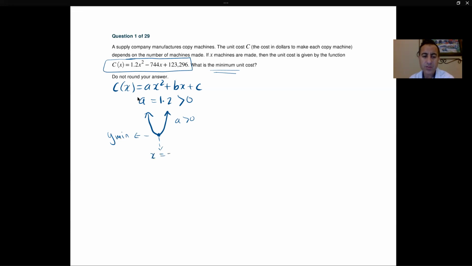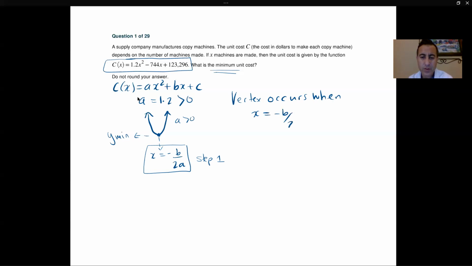And we talked that this vertex is negative b over 2a for the x part. So yes, we do have a minimum, and the minimum can be found in this case by having two steps. Step one, we calculate the value of negative b over 2a because the vertex occurs when x equals negative b over 2a, right?